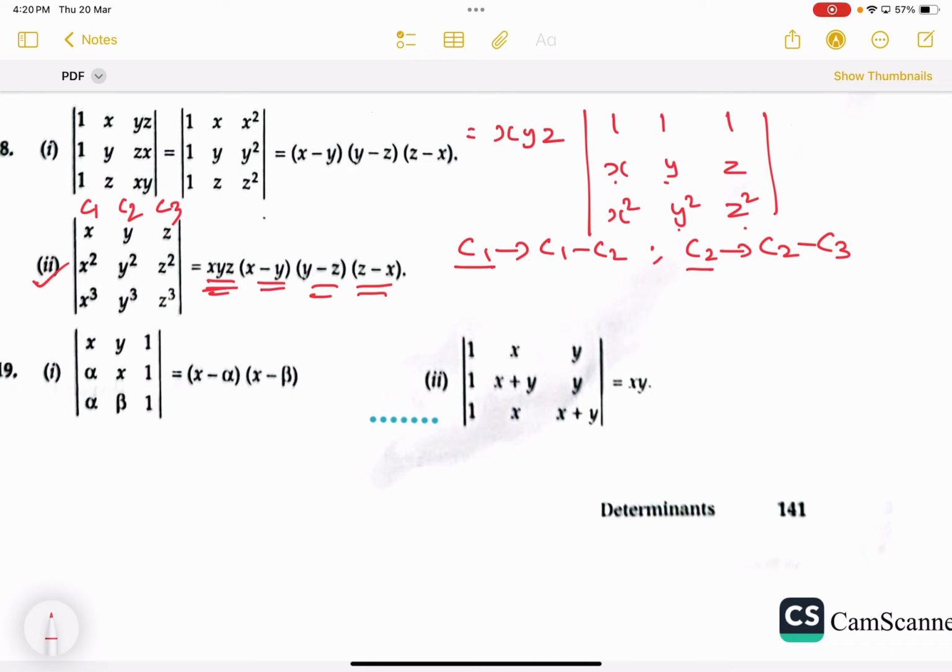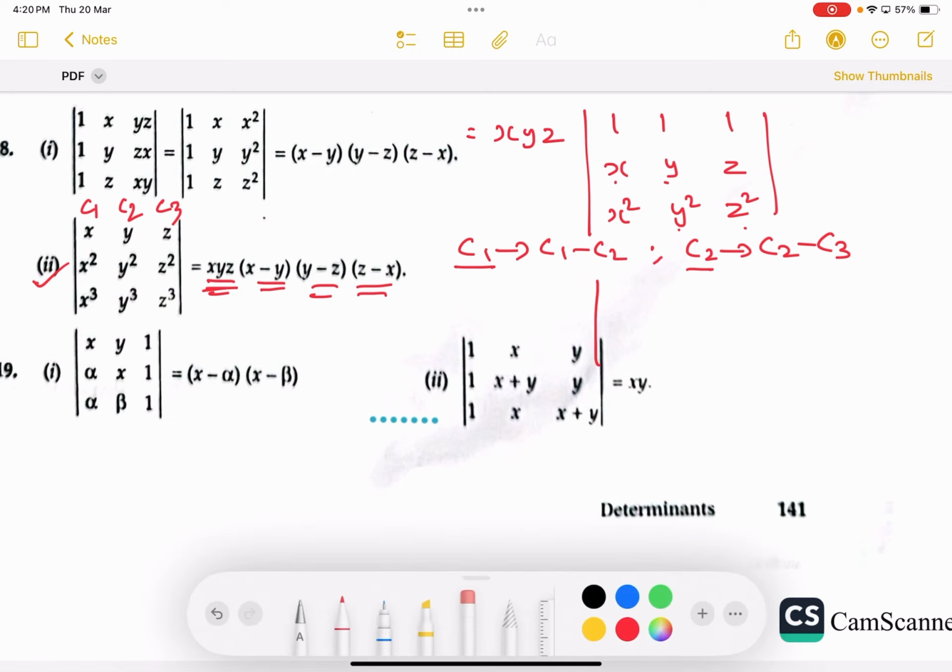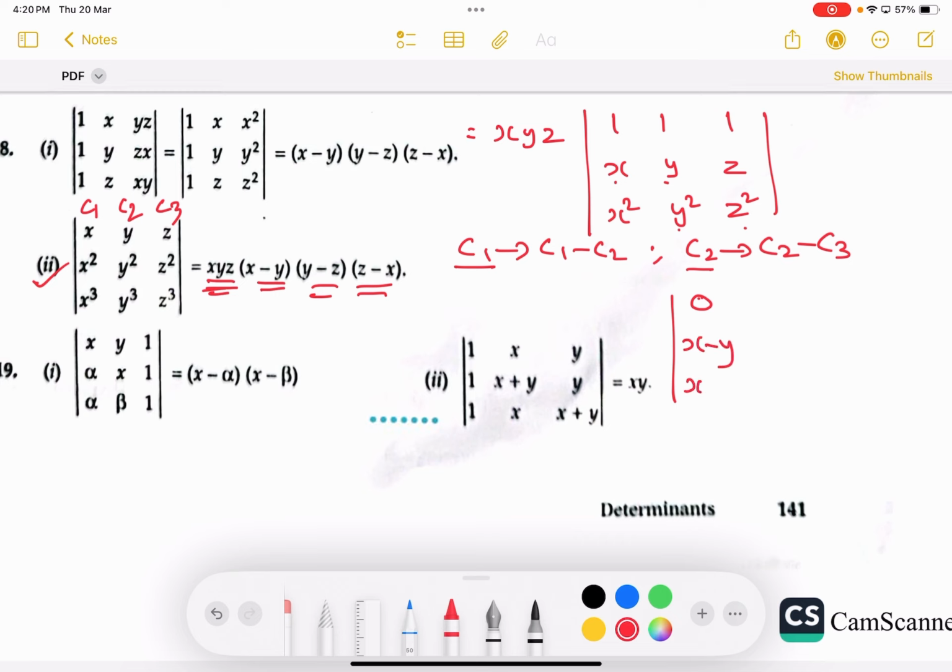Okay. So what will be the answer for this? After doing both the actions, C1 minus C2: x minus y, x square minus y square. 1 minus 1, 0, y minus z, y square minus z square, 1, z, z square. Same like the previous question.